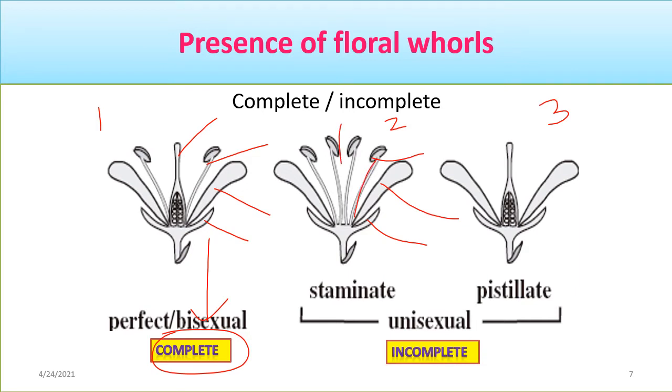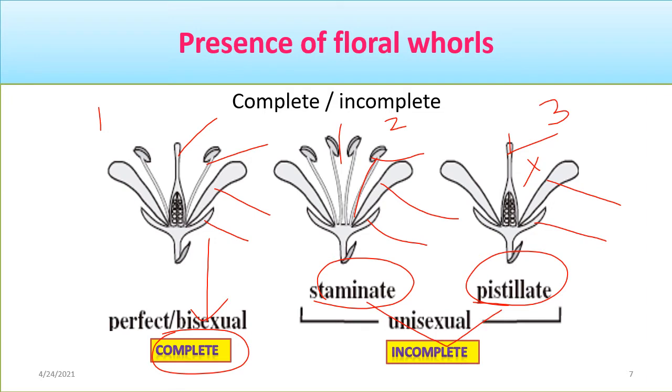Due to the presence of stamens only, this is called a staminate flower. Here you can see calyx is there, corolla is there, androecium is absent, but gynoecium is present. Due to the presence of only gynoecium, this is called a pistillate flower. Both these are types of incomplete flowers.